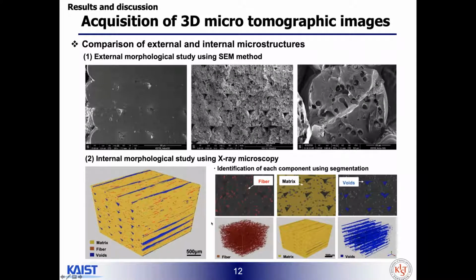By comparison, at the same region, you can clearly understand that the X-ray microscope provides all the information for not only external microstructure, but also internal microstructure. This technology can easily visualize a 3D internal microstructure and can also quantitatively identify all the components of the composite through phase contrast.